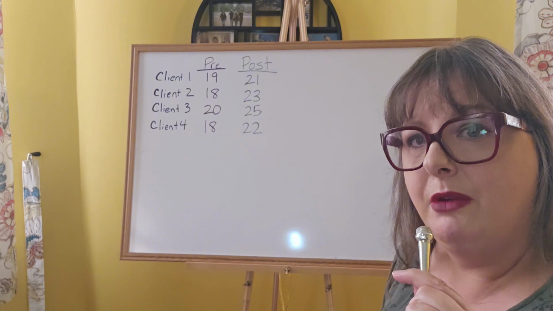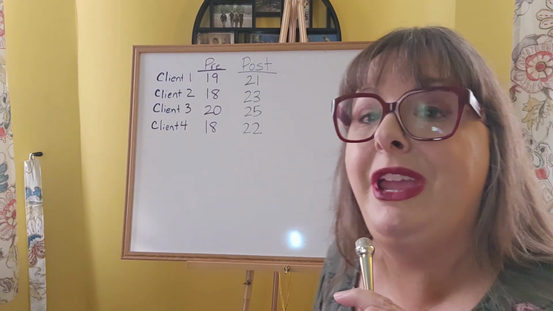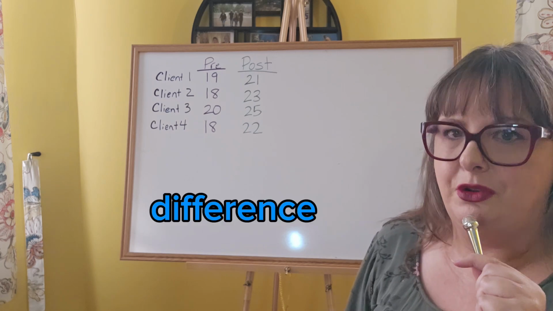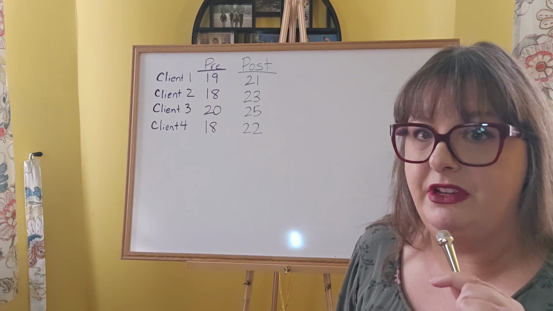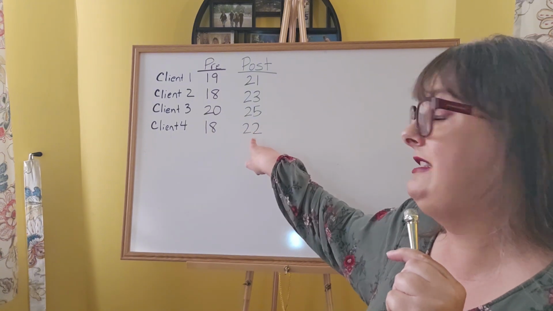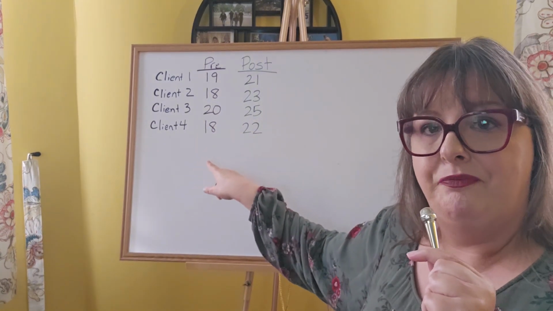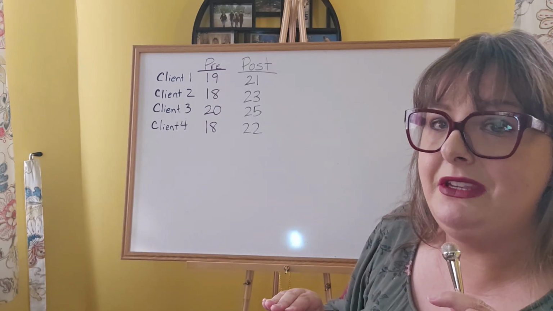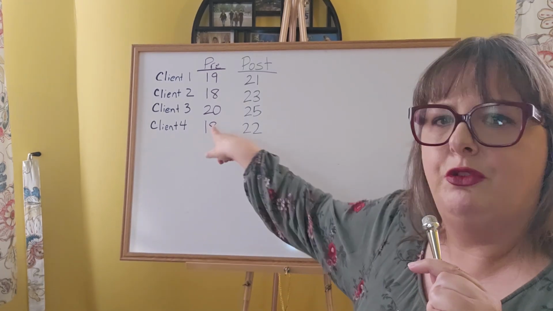We have to compute difference scores. Now, difference, you can probably guess, it involves a difference. What kind of difference? You take the second score minus the first score. Now, one of the most common mistakes that students will make that'll throw their answers off a little bit is they want to do first score minus second score.